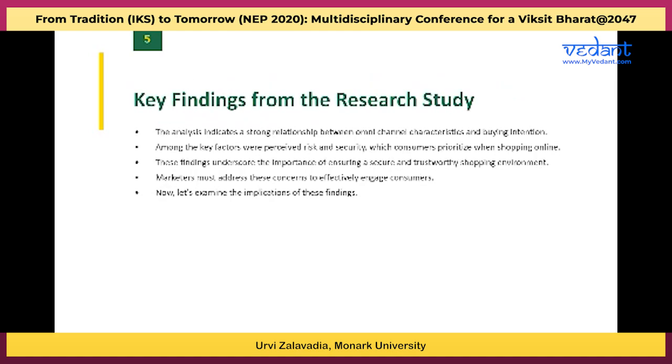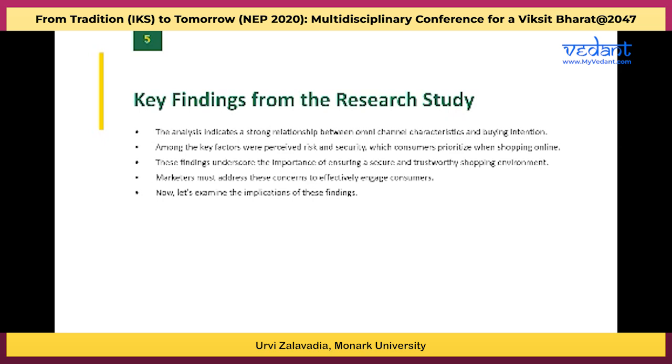If we go through the key findings of the research study, number one, the analysis indicates a strong relationship between omni-channel characteristics and buying intentions. Among the key factors were perceived risk and security, which consumers prioritize when shopping online. The findings underscored the importance of ensuring a secure and trustworthy shopping environment.